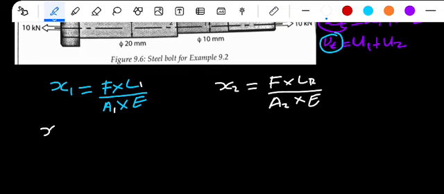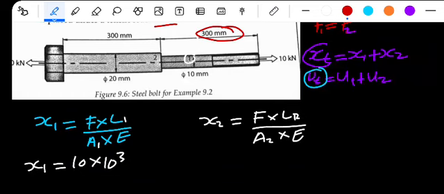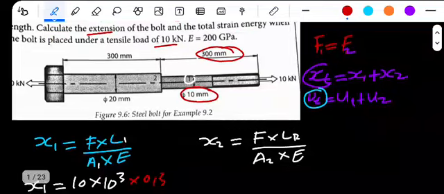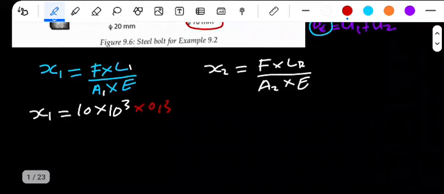So for extension 1, the force is 10 kilonewton, times 10 to the power of 3, multiplied by the length of the first section, which is 300, the same as 0.3. Then we divide by the area.